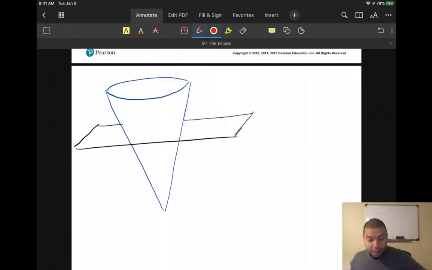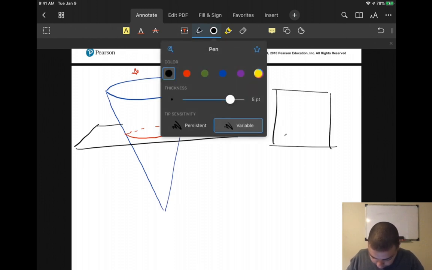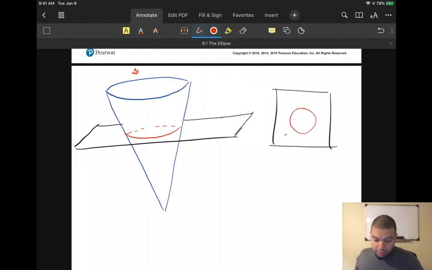Then when I look at my cut, it is like this, right? It's a circle, okay? If I were looking from above here, let me put some eyes here, so that you know I'm looking from above, then that plane looks a little bit like a circle, right?